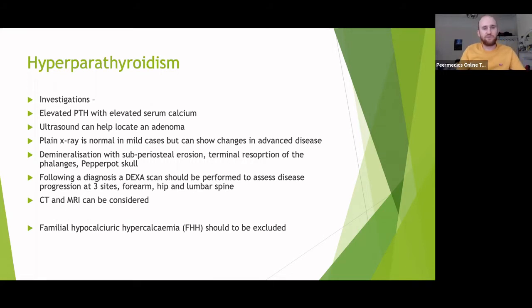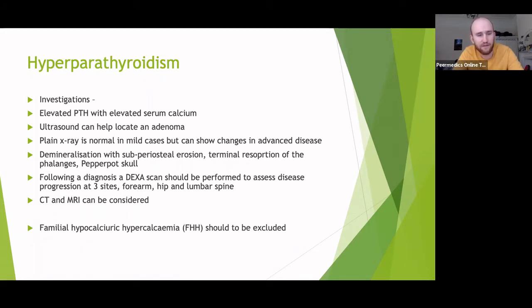So you may come across something called FHH, familial hypocalciuric hypercalcemia. That is basically a syndrome of low urinary calcium and high serum calcium.